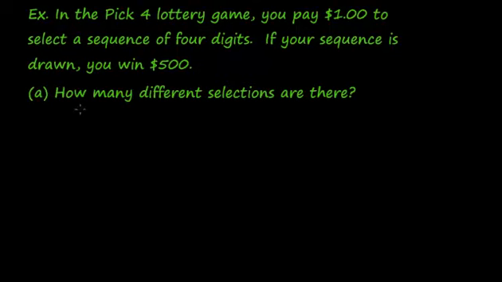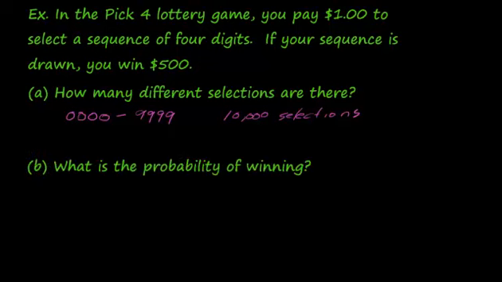Okay, how many different selections are there? Let's consider that again. All right, well, if it's 4 digits, we could pick from 0000 to 9999, right? So we see that we have 10,000 selections. Okay, well, what's the probability of winning?